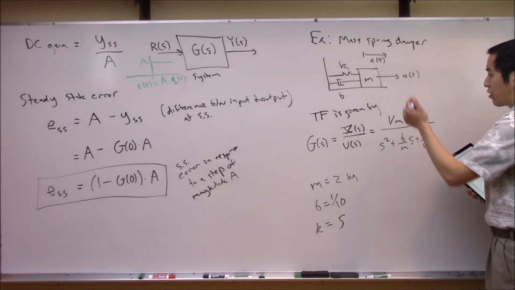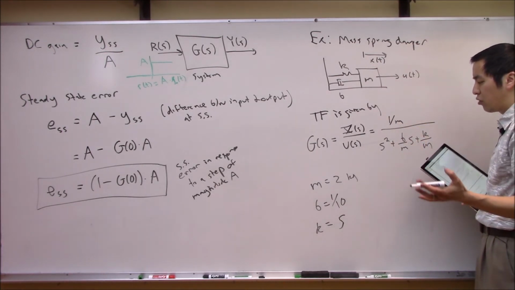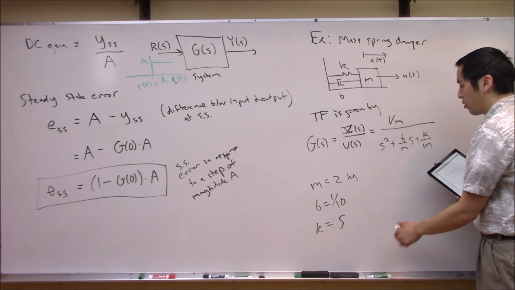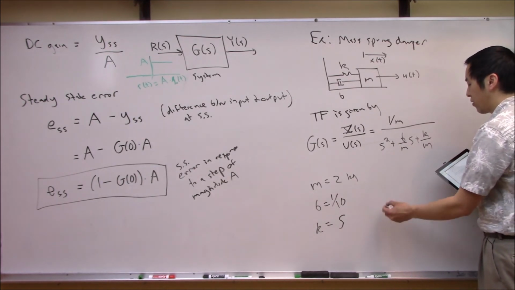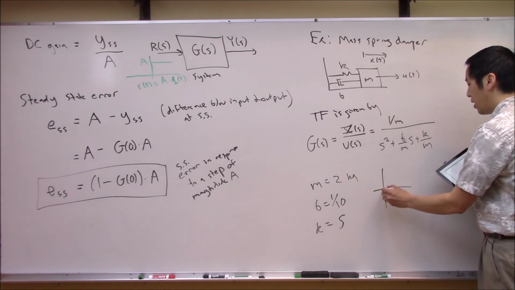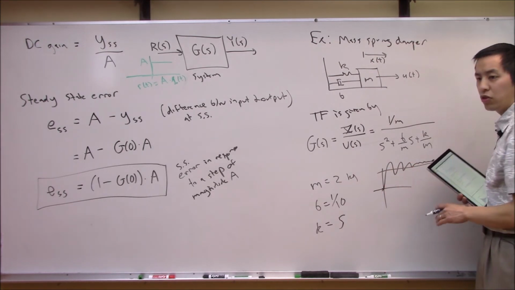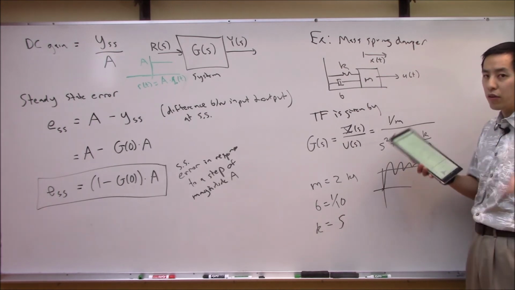Since you already have a good feel for this, it's a pretty underdamped system, so I would expect the response to be very oscillatory. The question is, where does this oscillation die out to? Does it actually track the input?